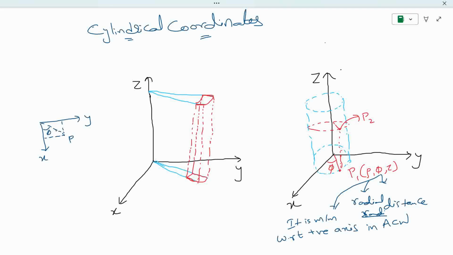It is a triangle. This distance is rho. This is the x axis and y axis, and this is x.